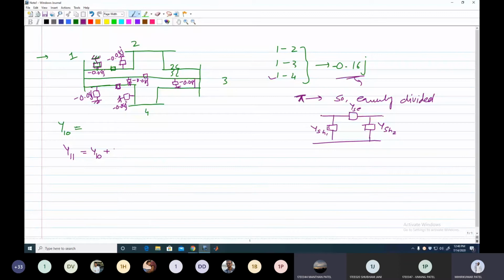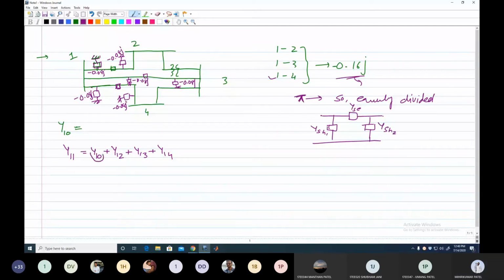Plus y12, plus y13, y14. Yes, clear. Bus number 1 is connected through the transmission line to the other buses. That means it is y12, y13 and y14, and also this shunt admittance.